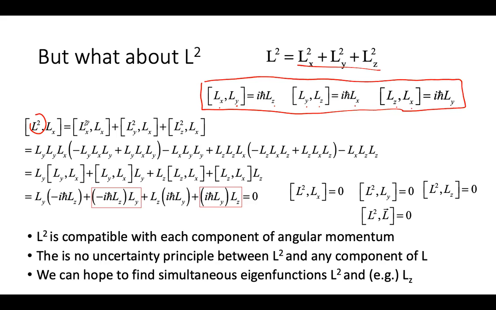I took the x component of the angular momentum squared with Lx. And then I did the same thing for y. And then I did the same thing for z. And I just kind of dropped this. I'm hoping that's obvious that those would be zero. It's the same component.